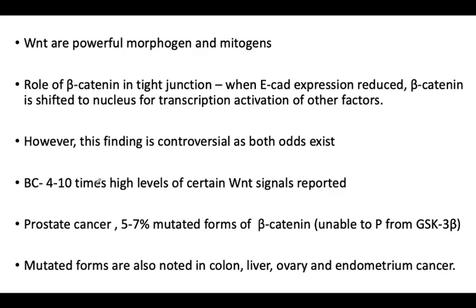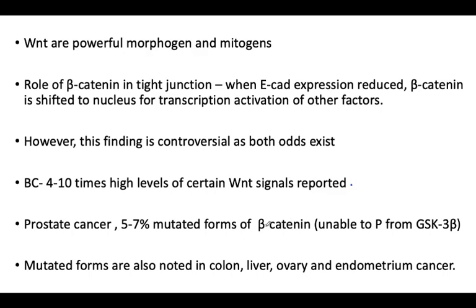That's the puzzle. It is known that in breast cancer, Wnt signaling activation is 4 to 10 times higher compared to normal cells. Similarly, in prostate cancer, 5 to 10% mutated forms of beta catenin are observed.